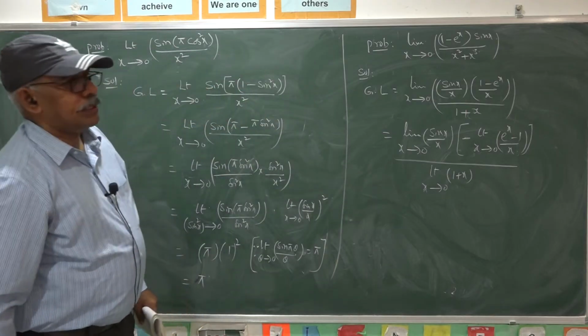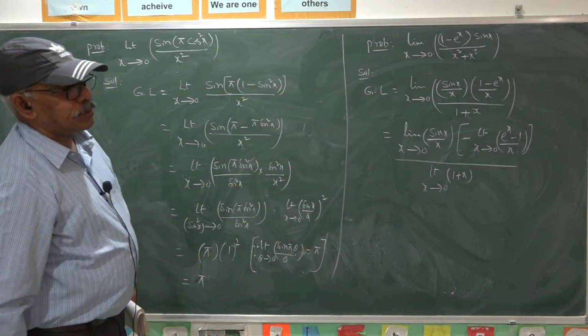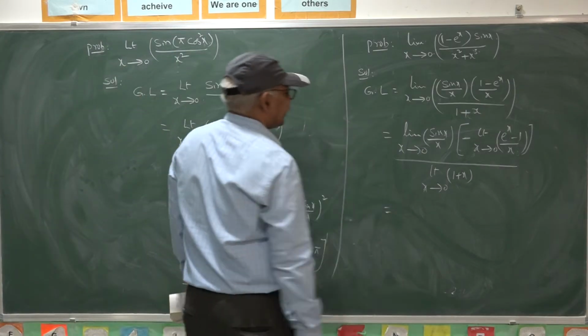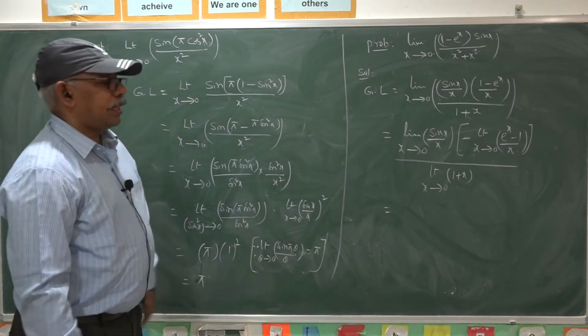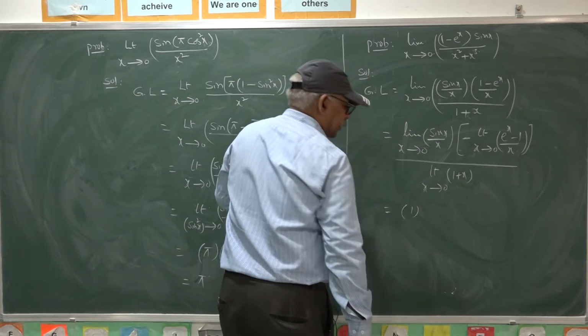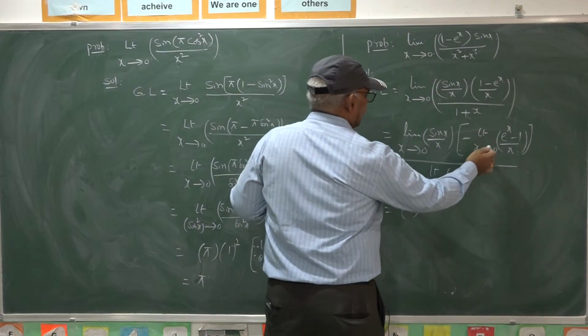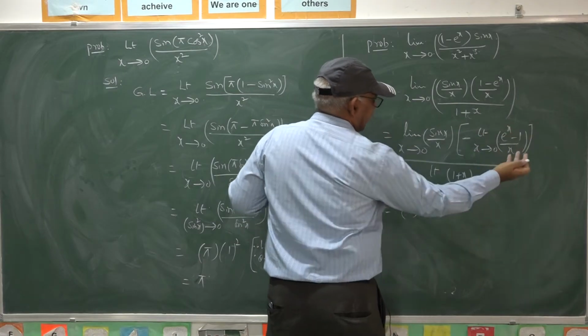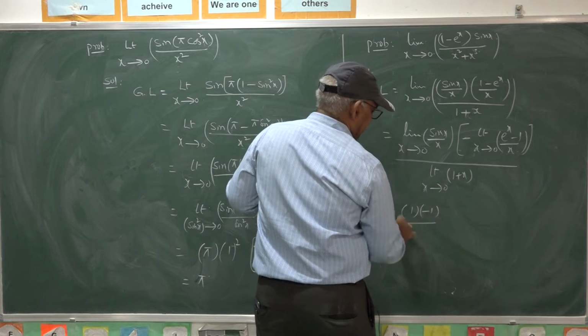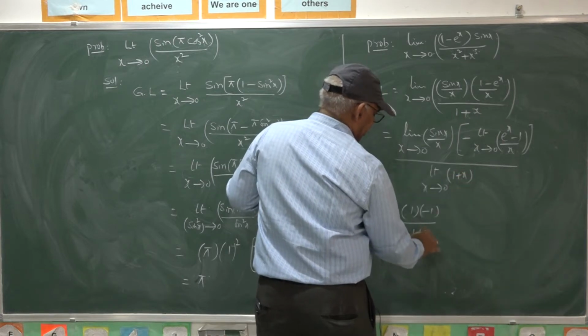So individually you can apply the limit to each and every function like that. Limit as x goes to 0 sin x by x is clearly 1. It is a known formula. And limit as x goes to 0 e power x minus 1 by x is also 1. So this is minus 1 by 1 plus 0, that is also 1.